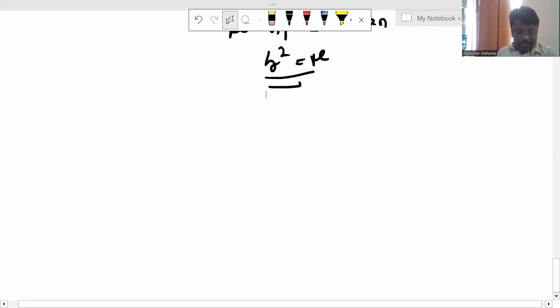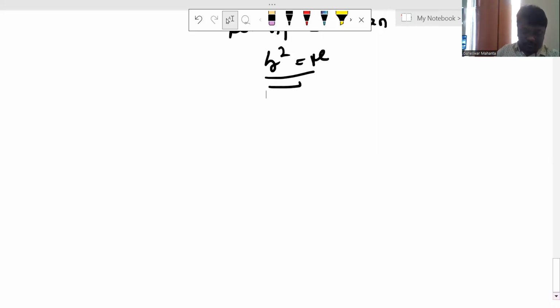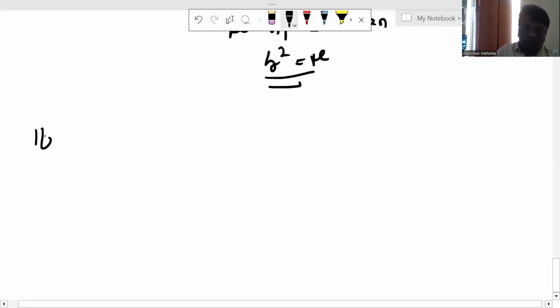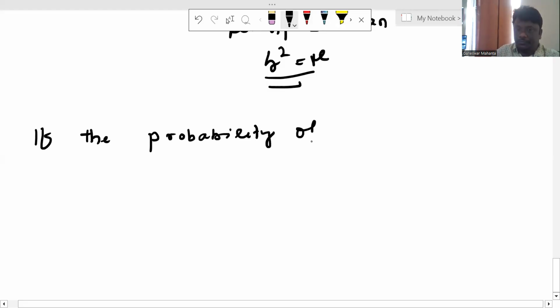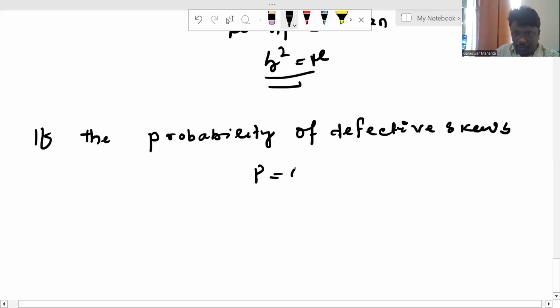If the probability of producing defective skews is P equal to 0.01, you have to find it.